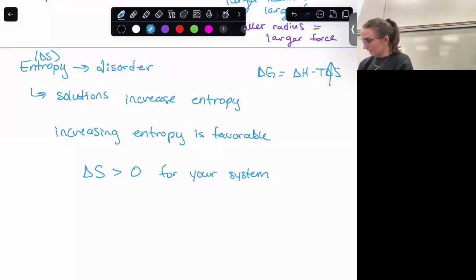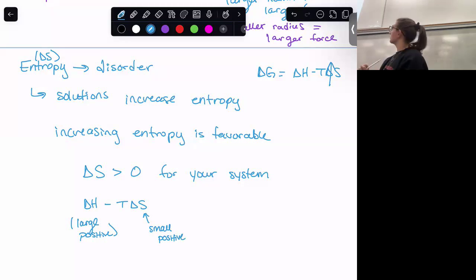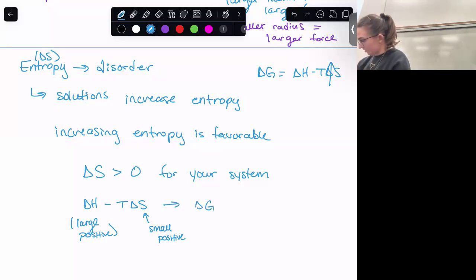If delta H is positive and you have a delta S that's a small positive, and then delta G is positive, this means that no solution forms.